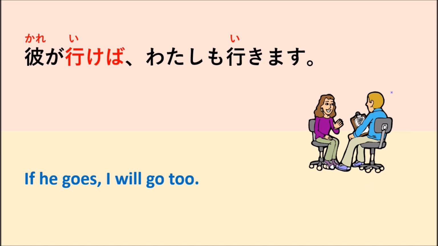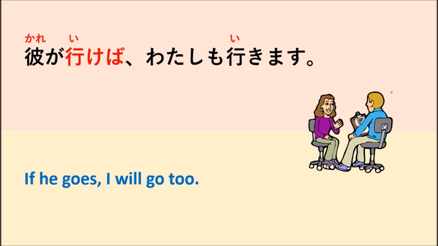But if we want to say "if", you just change the 行きます to 行けば。彼が行けば means if he goes. 私も行きます。I will go too.